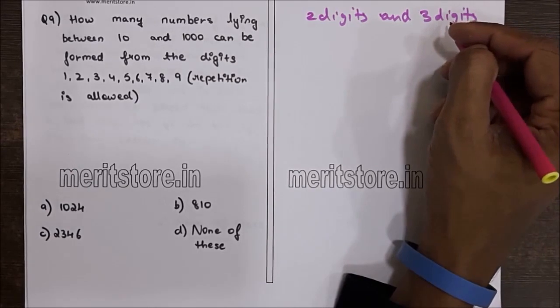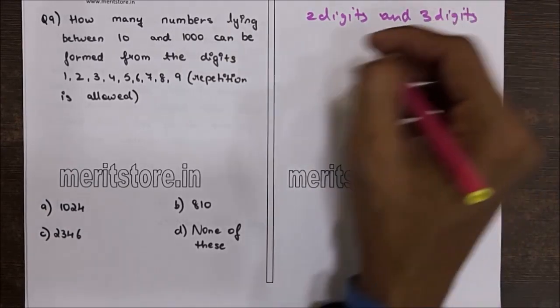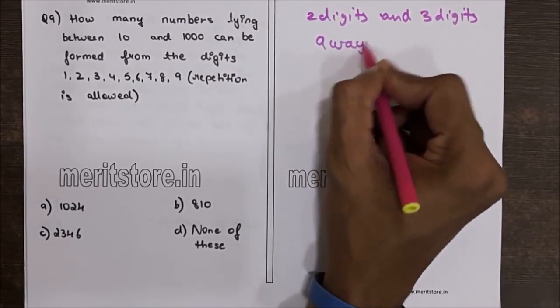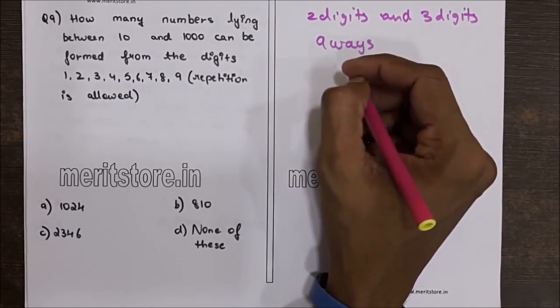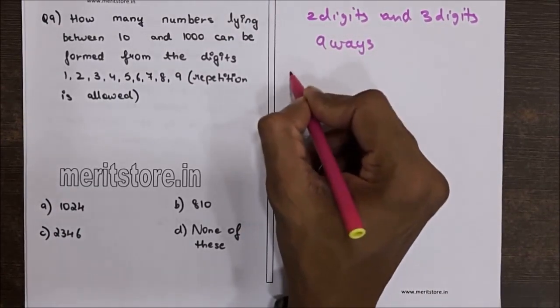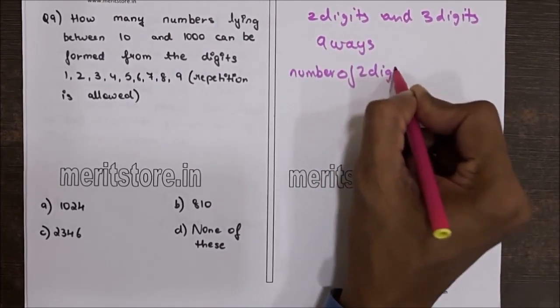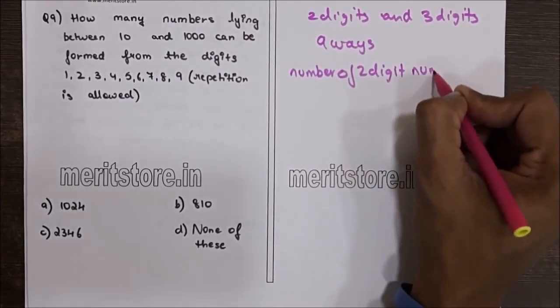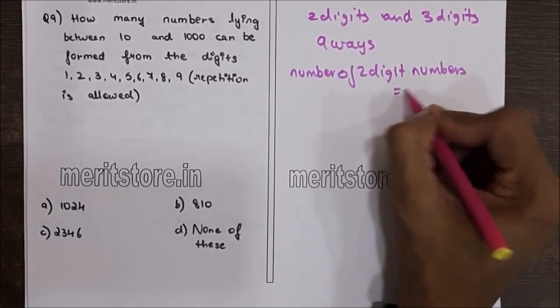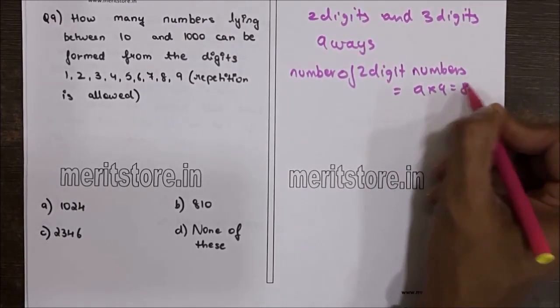Since repetition is allowed, each digit can be filled in 9 ways. Therefore, the number of 2-digit numbers is 9 into 9, that is equal to 81.